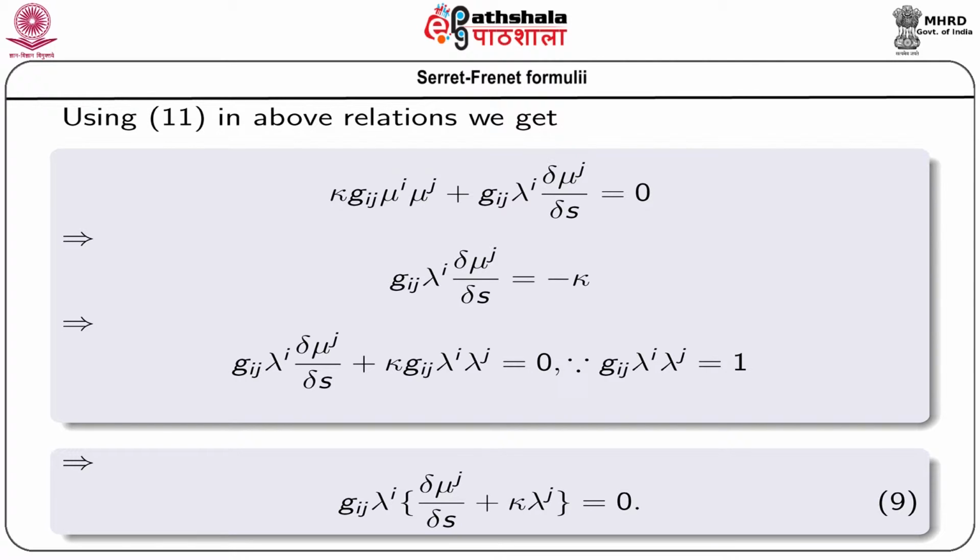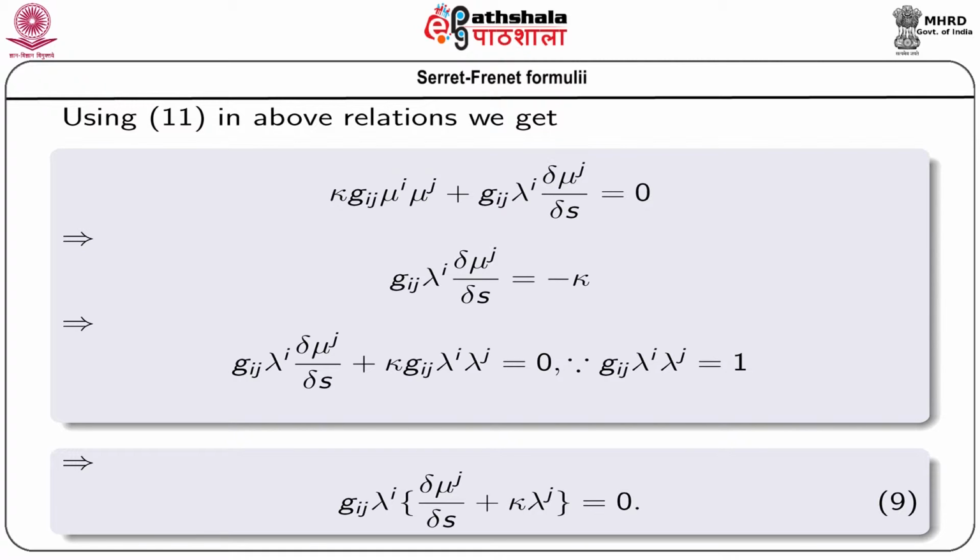If we take g_ij λ^i common, we are getting g_ij λ^i (∂μ^j/∂s plus κ λ^j) equals 0, and this is equation number 14.